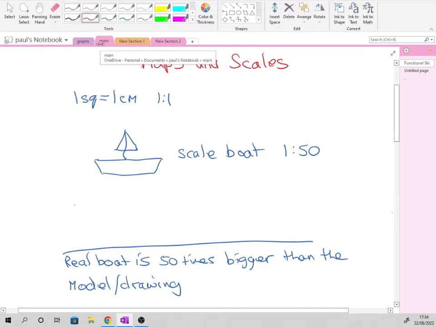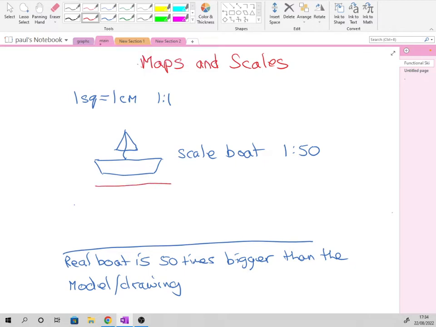So we might get a question that here's a drawing of a boat with a scale 1 to 50, and we need to find out how big the actual boat is. So you get your ruler, and we're going 1, 2, 3, 4, and from there to there, it looks as though it's about 3.5 centimeters long on the drawing.